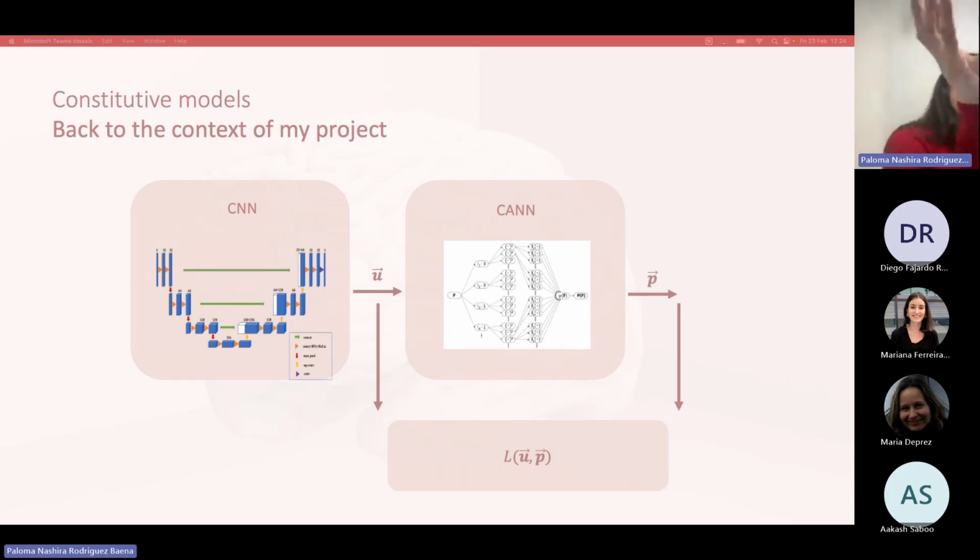If you're forcing the physics through the CAN, this physics would be backpropagated into the first network, and that would be the advantage, that you are enforcing some kind of physics.